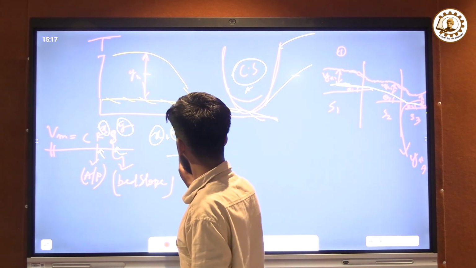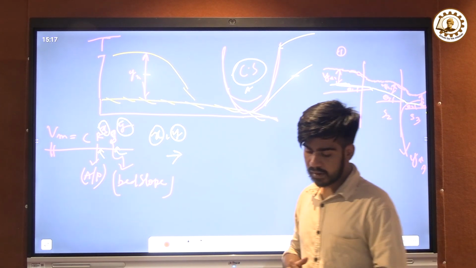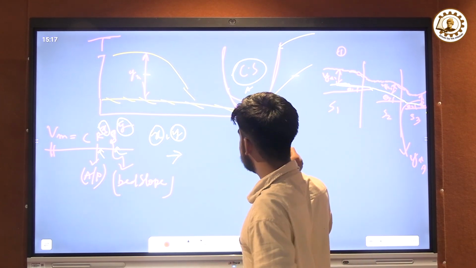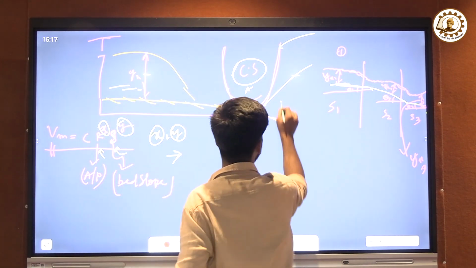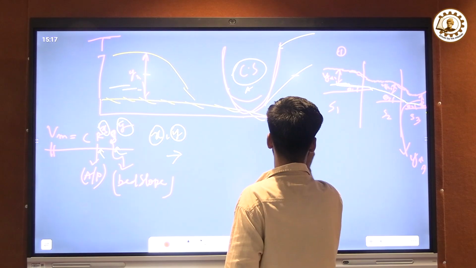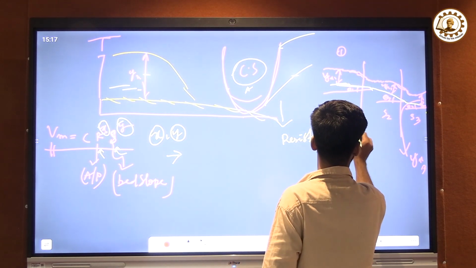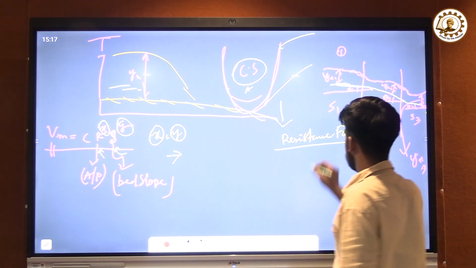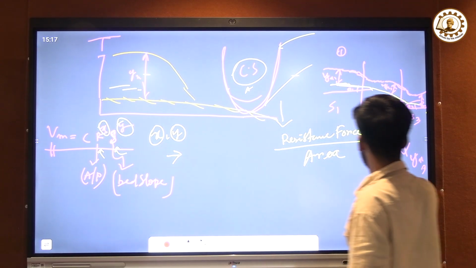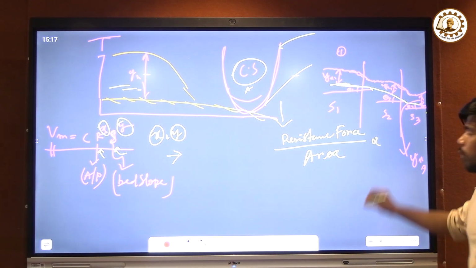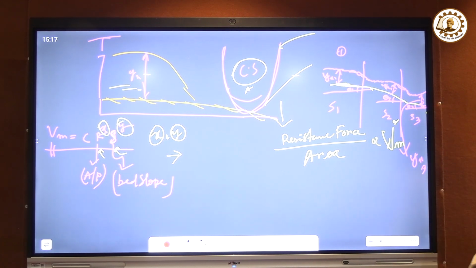Now as you can see, the side wall will give a resistance, which is called resistance force by area. What it is saying is, resistance force by area will be proportional to the square of the mean velocity.